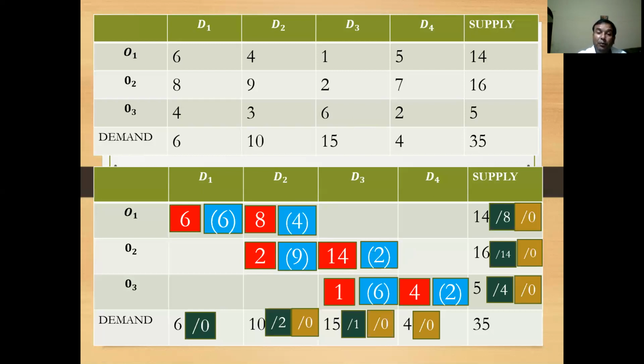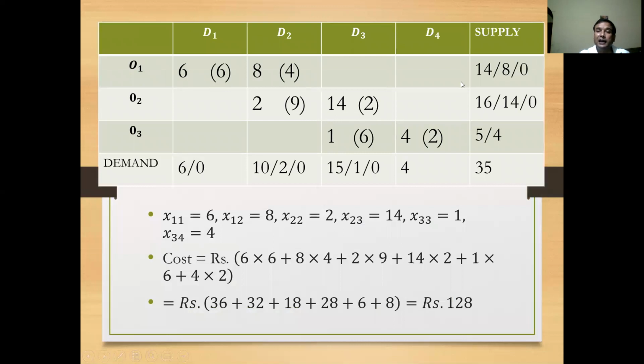Our solution is at our fingertips. This is our solution table, and from it we will write these non-bracketed values, which are the initial basic feasible solution. What is x11?